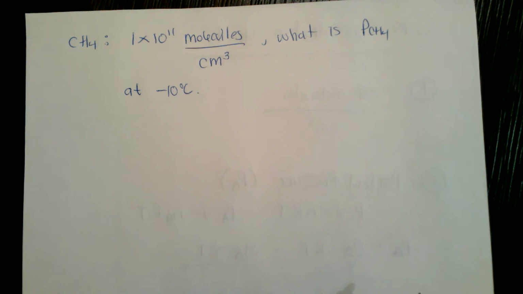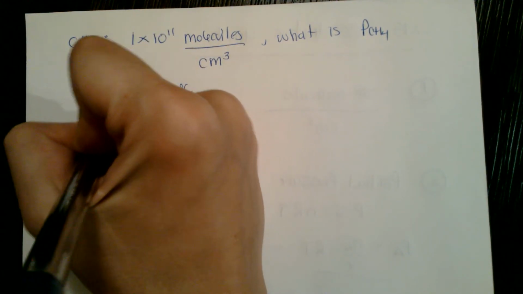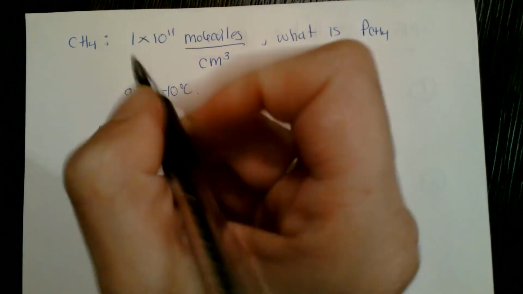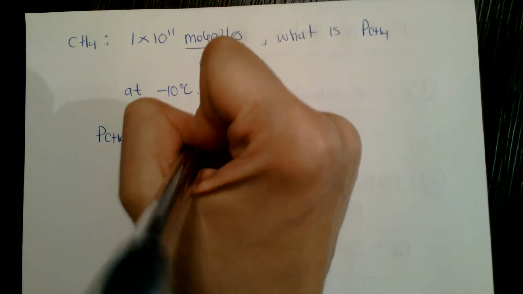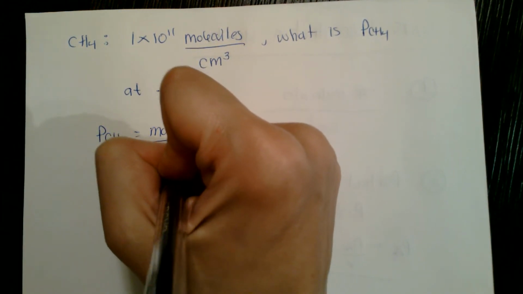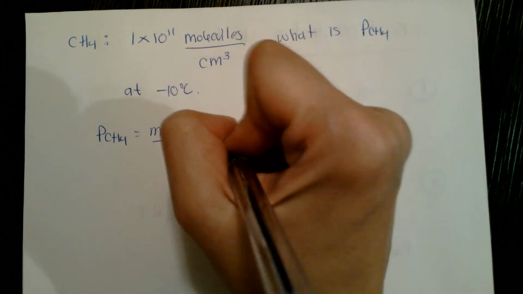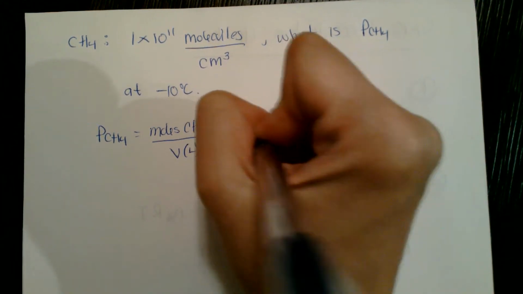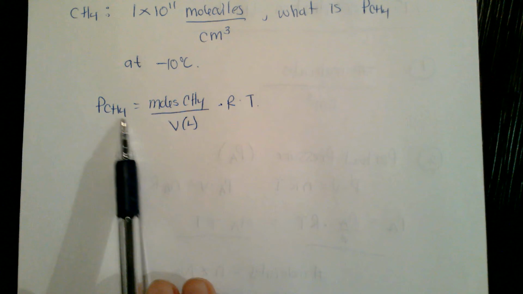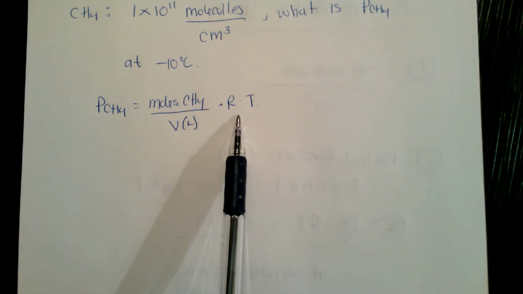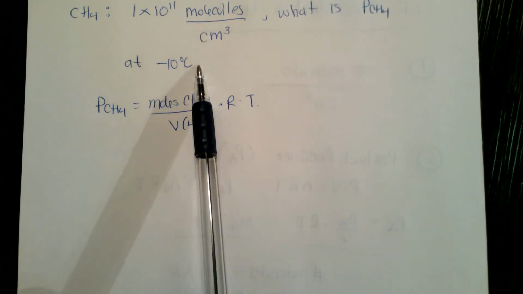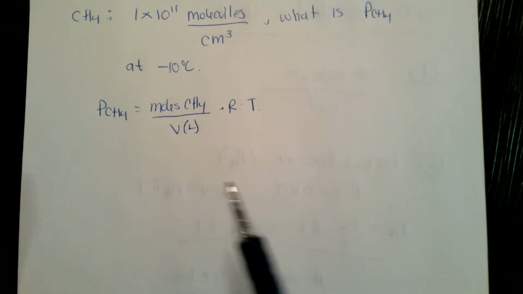Okay, so for a partial pressure, our pressure of CH4 is equal to moles of CH4 over our volume in liters times R and T. If we're looking for pressure in atmospheres, since our gas constant R is in liter atmosphere per mole Kelvin, we need the proper units to cancel.